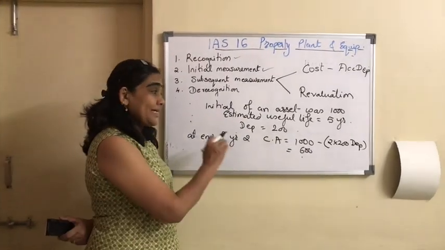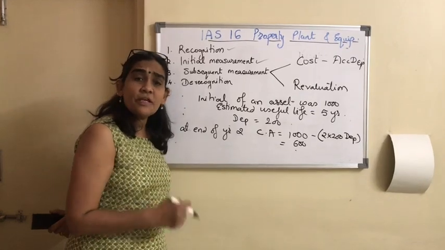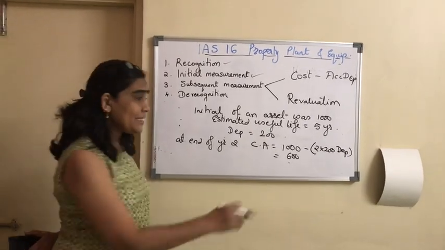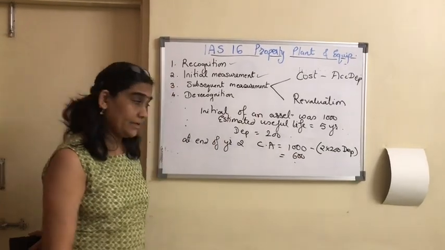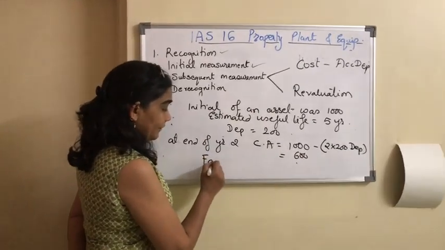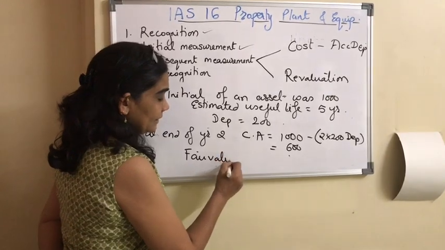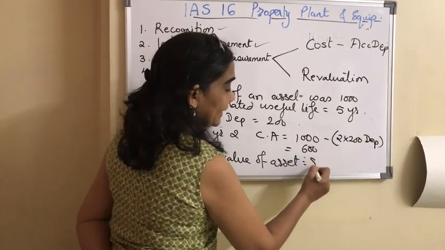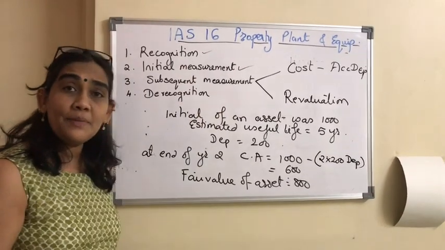Now, suppose I tell you the asset is revalued at fair value, and the fair value is not 600 but it is 800, okay? So, let's say the fair value of the asset is 800. What happens then?